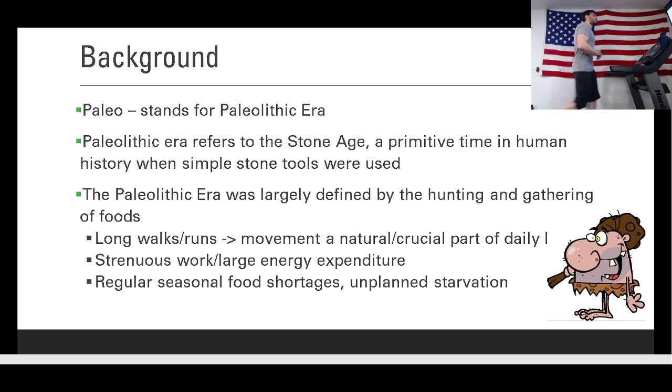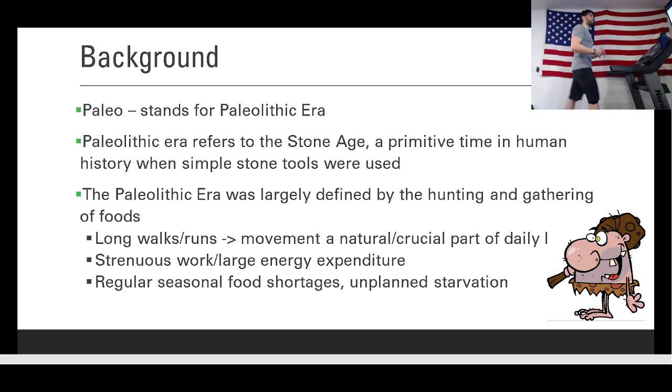regular seasonal food shortages. And unplanned starvation, meaning there were probably periods where you weren't able to go out and hunt and gather. Let's say during the cold season, you're probably not able to hunt and gather as much because creatures were in hibernation, or they had migrated somewhere warmer, right?